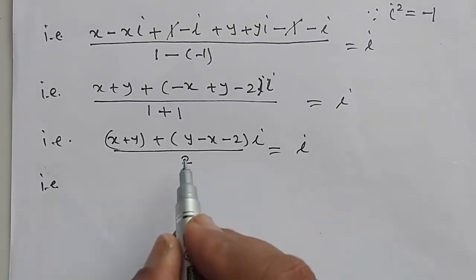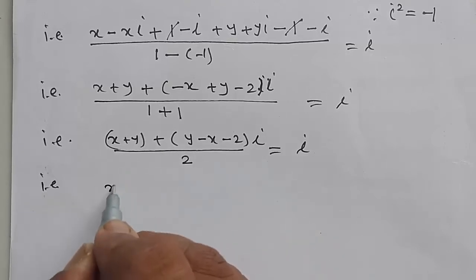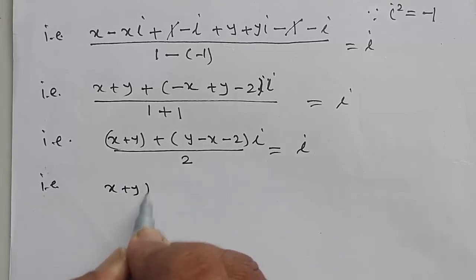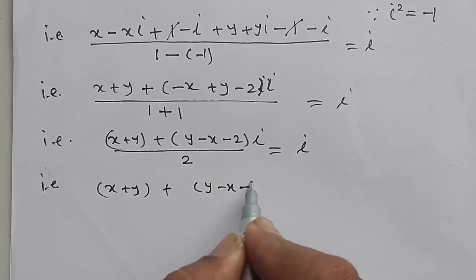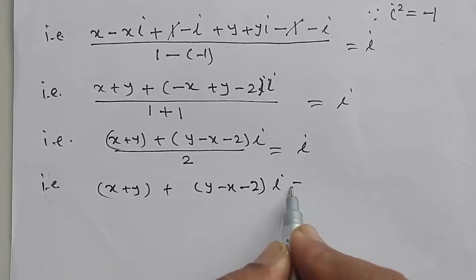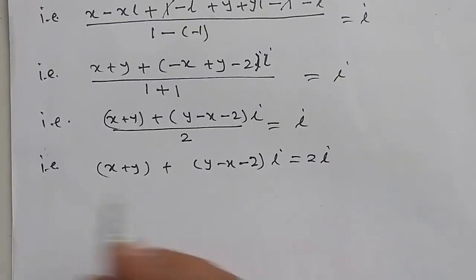Again, multiplying by 2 throughout, we get (x + y) + (y - x - 2)i = 2i.